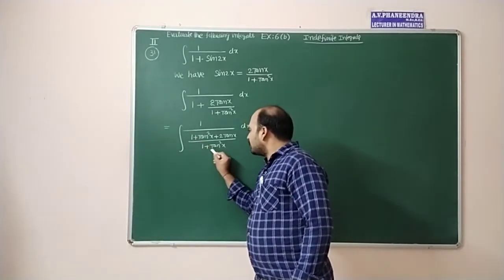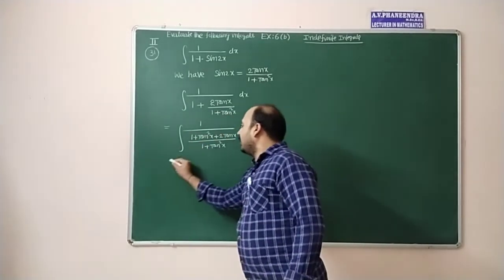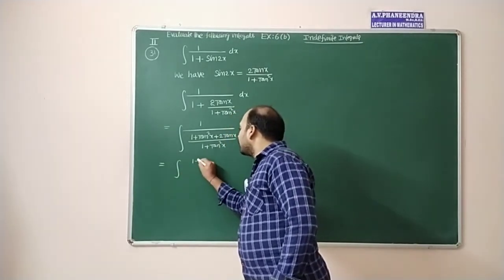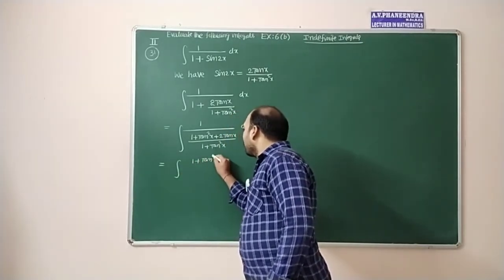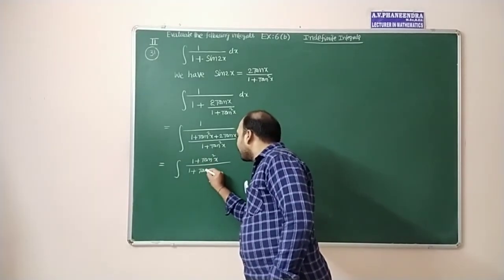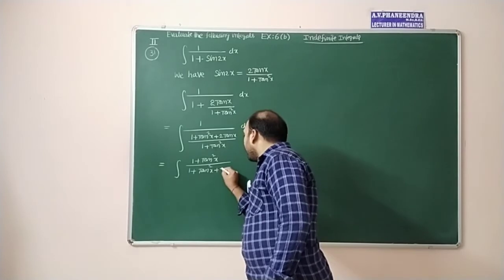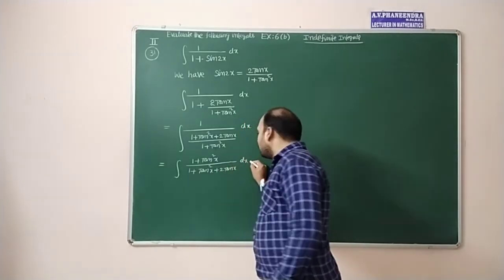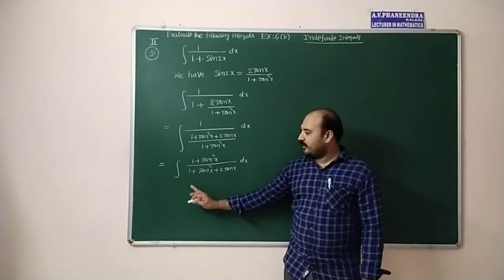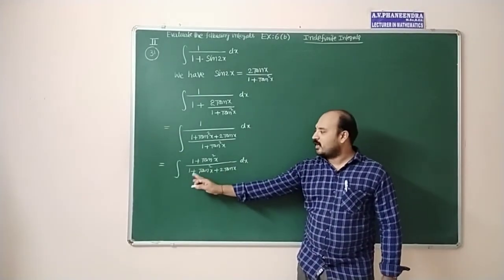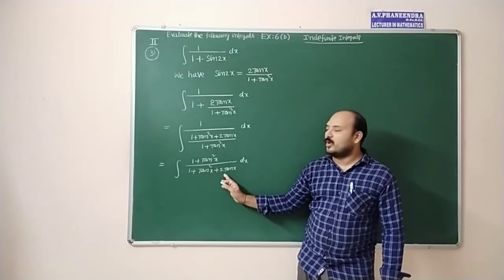1 plus tan square x, which is in the denominator of the denominator, will become a numerator. So 1 plus tan square x divided by 1 plus tan square x plus 2 tan x. Observe the denominator once, it is in the form a square plus b square plus 2ab: 1 square plus tan square x plus 2 into 1 into tan x.